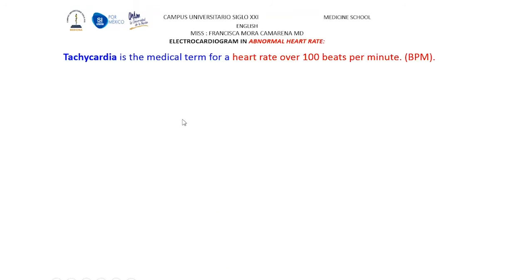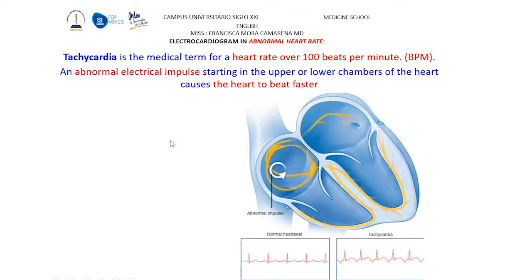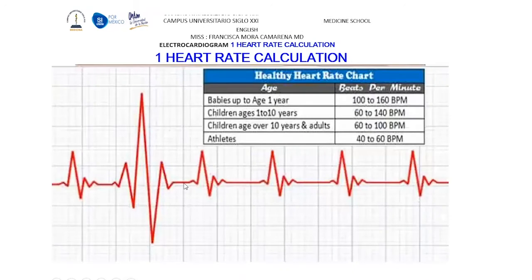On the other hand, tachycardia is the medical term for a heart rate that goes over 100 beats per minute. The abnormal electric impulses start in the upper or lower chambers and cause the heart to beat faster. We consider tachycardia more than 100 beats per minute.